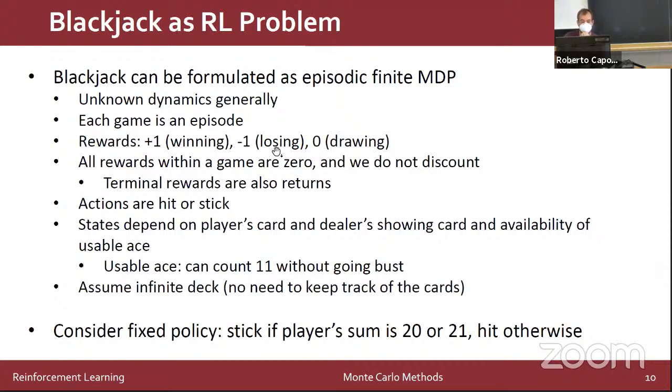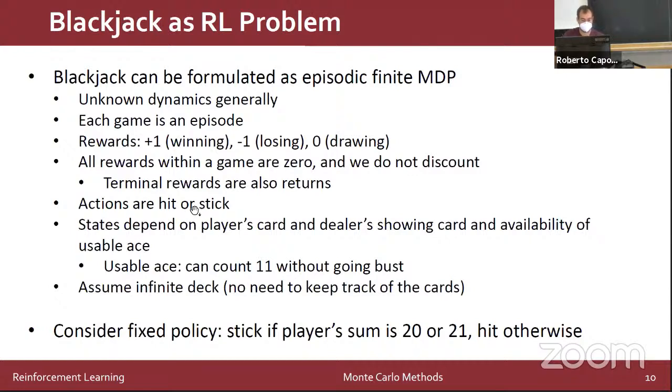Otherwise, you have 0 reward, and there is no discount factor. So given that all the rewards are 0 except in the terminal state, the terminal reward is also our return, right? Because we are summing 0 plus 0 plus 0 plus terminal state reward, which will be +1, -1, or 0. So the terminal reward corresponds to our return in this case.